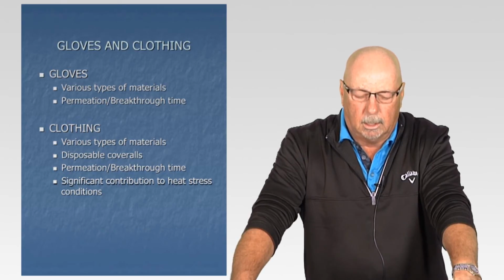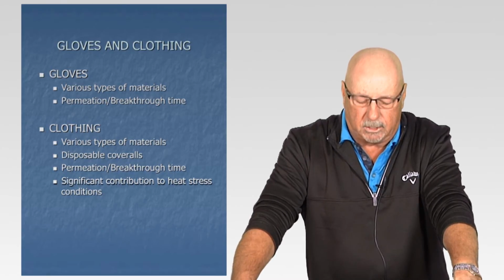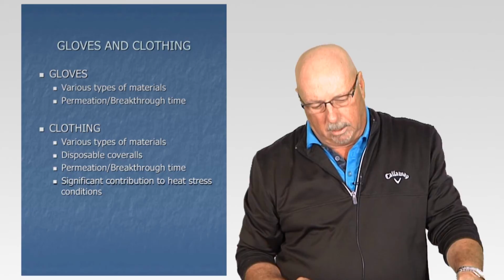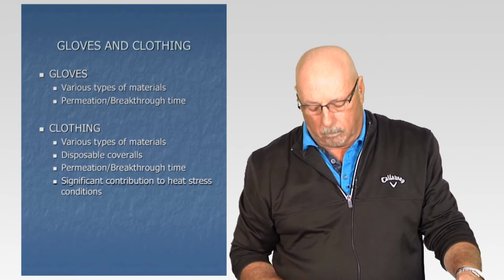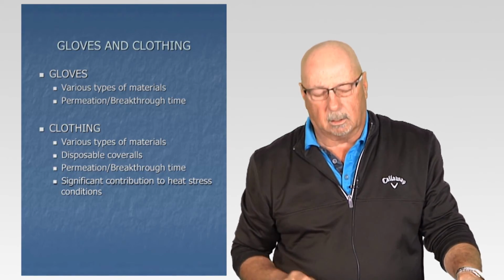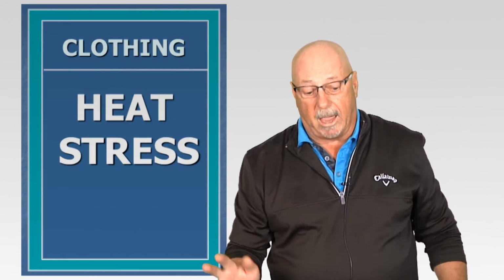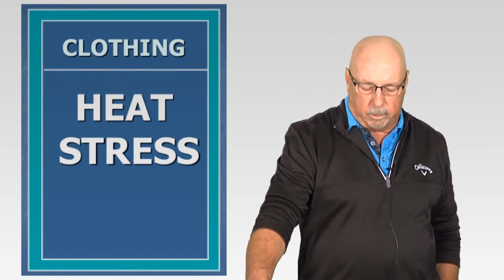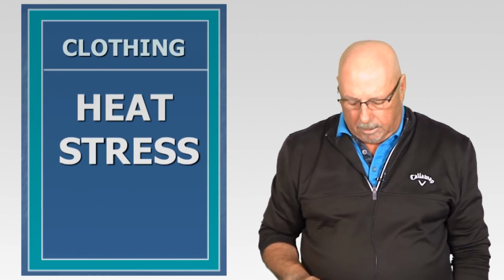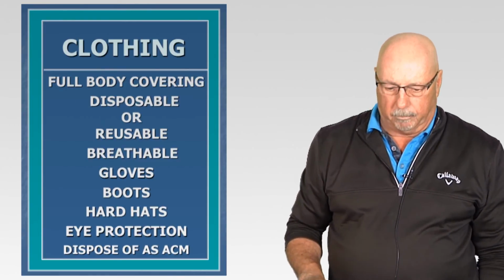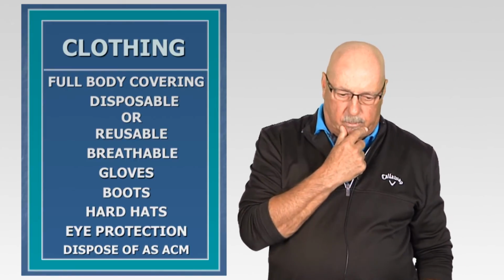So we have to be aware of that and watch out for workers, and sometimes select clothing that takes into effect those heat stress conditions. So when we talk about heat stress, we'll talk about how we deal with those types of situations.